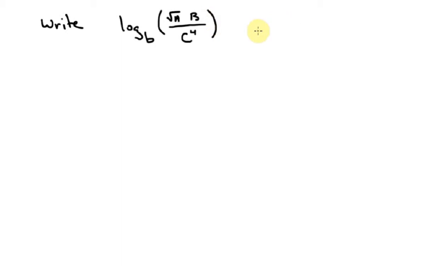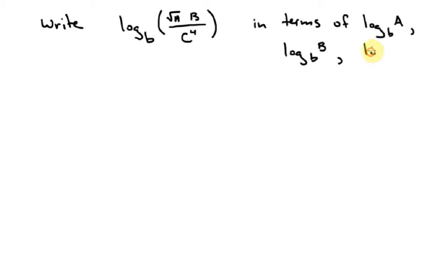And we're going to write it in terms of, I'll explain what that means in a moment, log of a base b, log of b base b, and log of c base b.